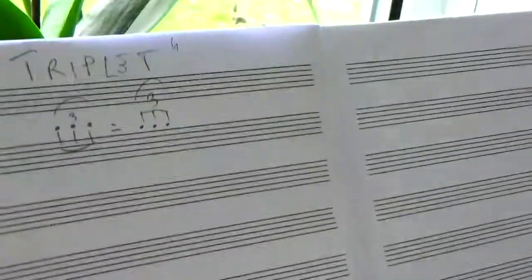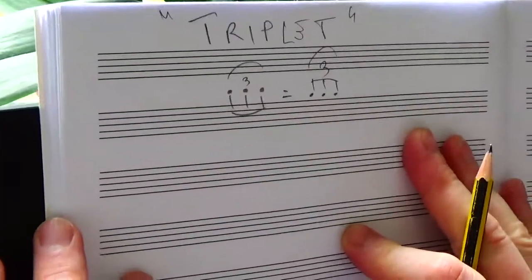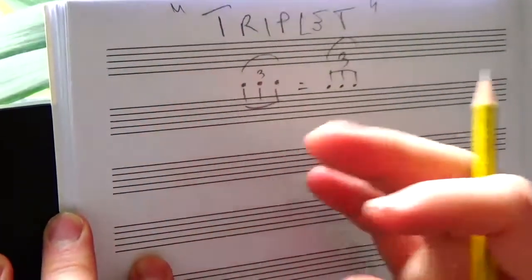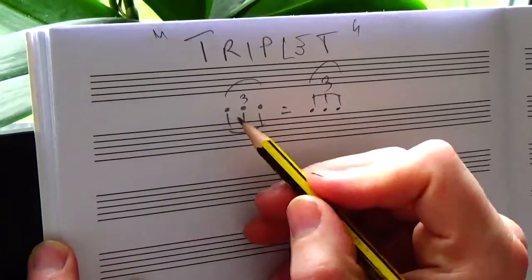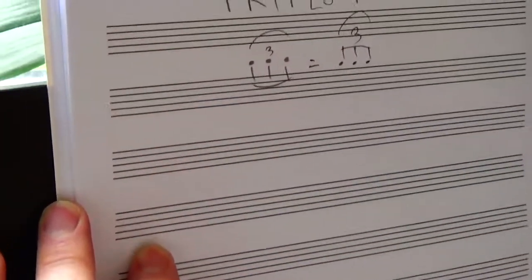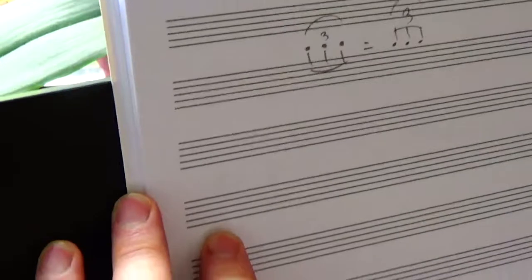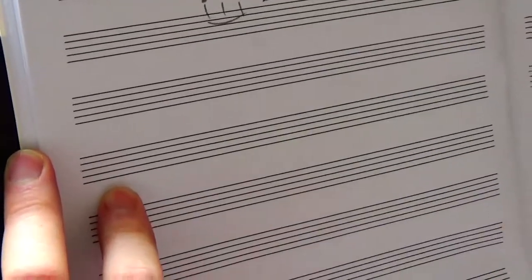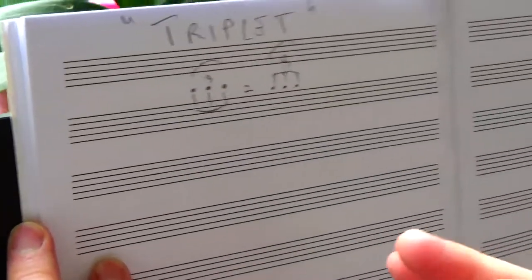Let's now try to understand in practice how we can let each note be identical in terms of length, because we have to mind the length of the notes. Otherwise we don't really play the triplet.